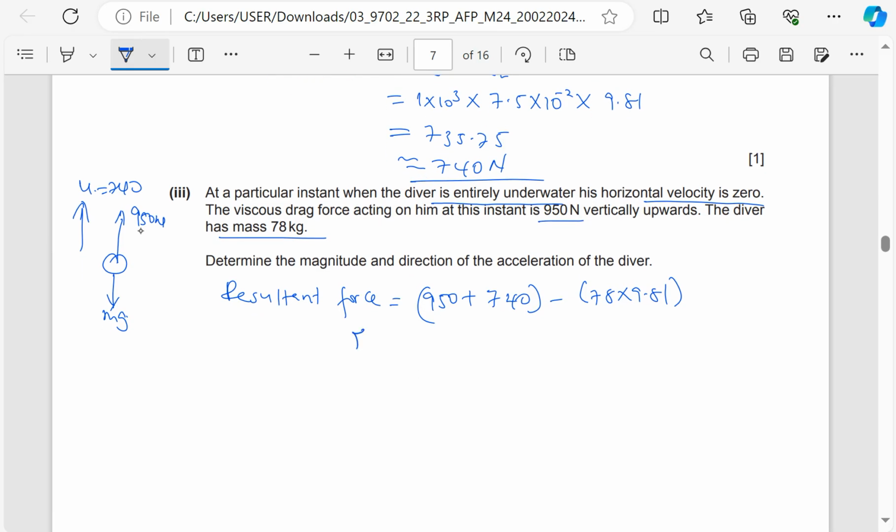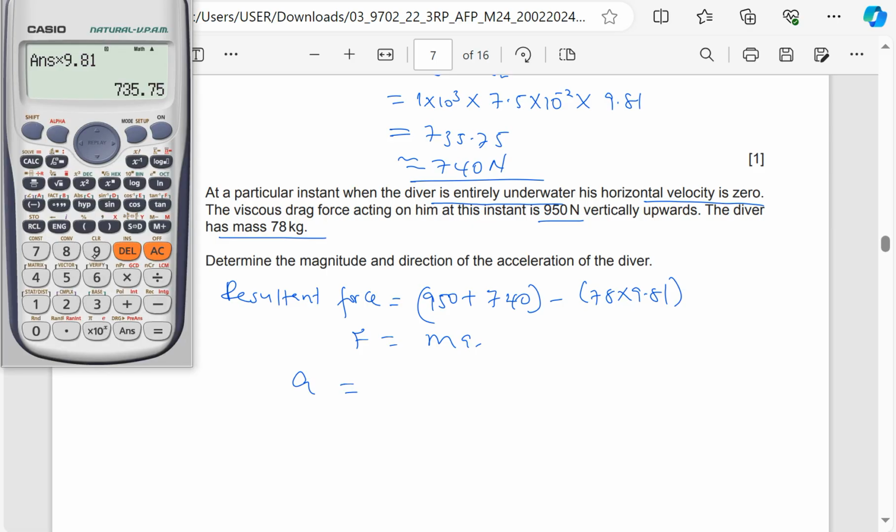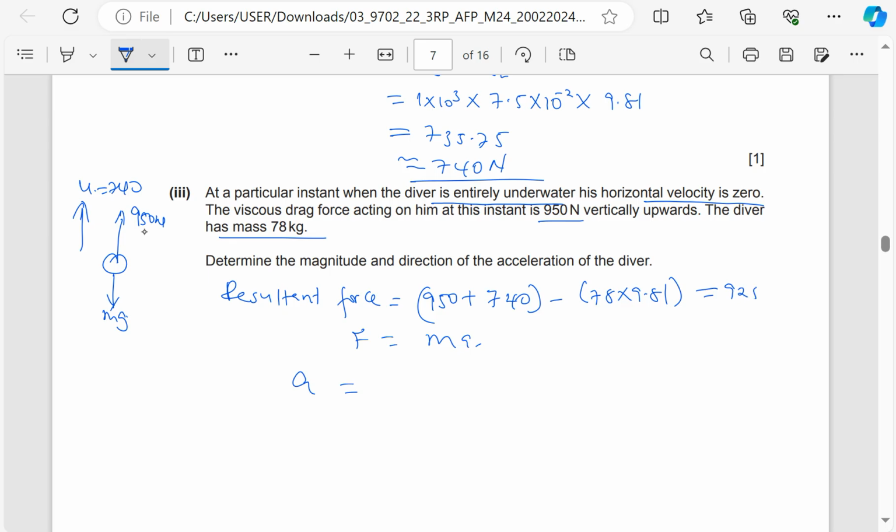But remember, the resultant force is equal to mass times acceleration. So the acceleration is going to be 950 plus 740 minus 78 times 9.81. So this is approximately 925.